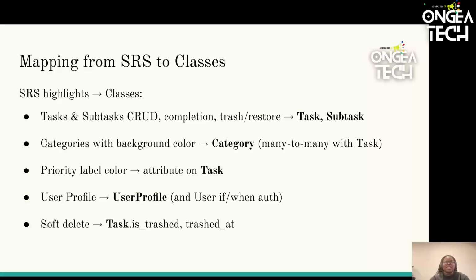I'm not saying guessing, but more like infer. If you can infer from the name, many-to-many relationship, what do you think that looks like between the category class and the task class?